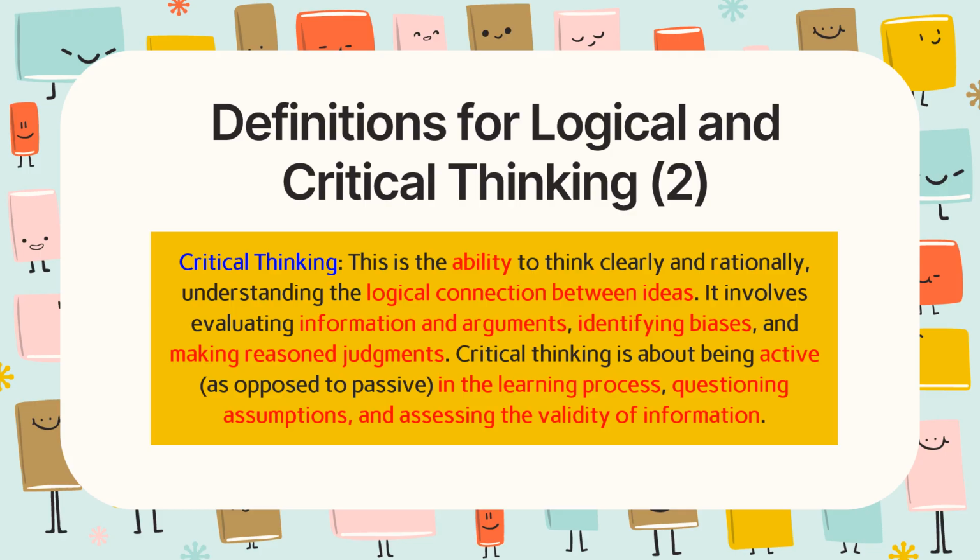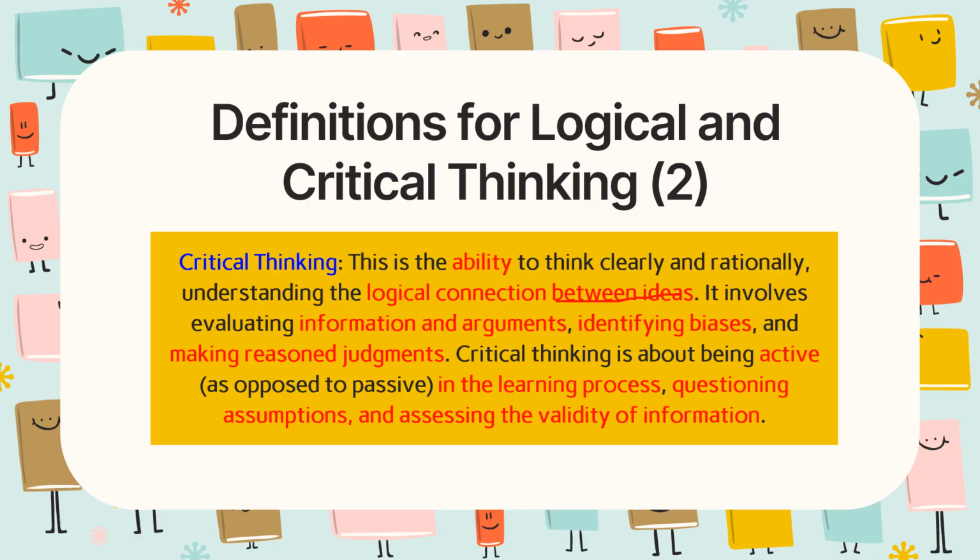For critical thinking, this is the ability, okay, to think clearly and rationally, okay? Understanding the logical connection between the ideas, okay? Sometimes if you got good ideas, you will get good fortune, right? You heard about Edison, right?